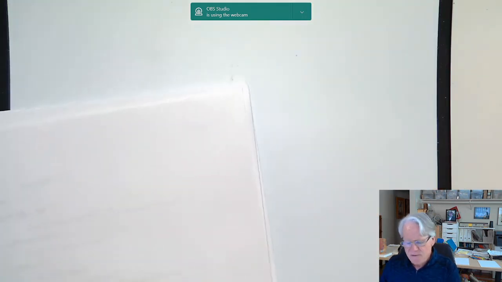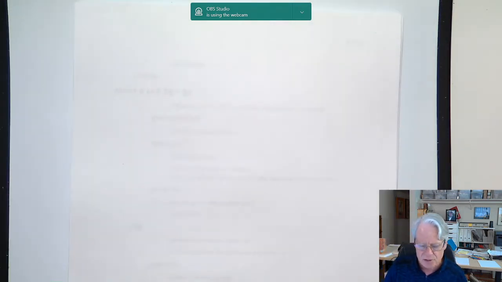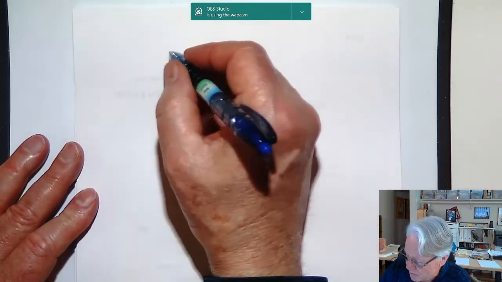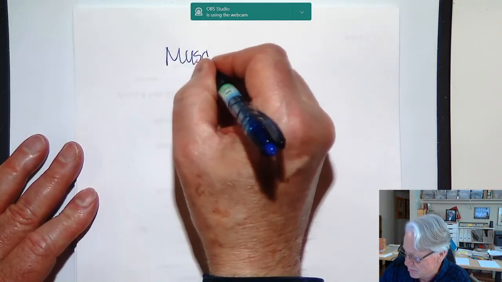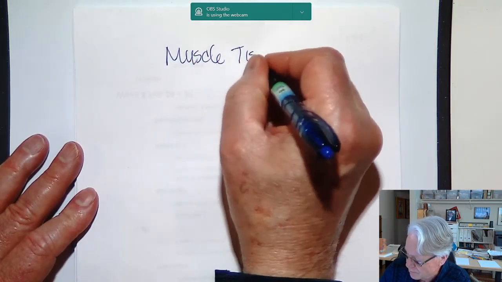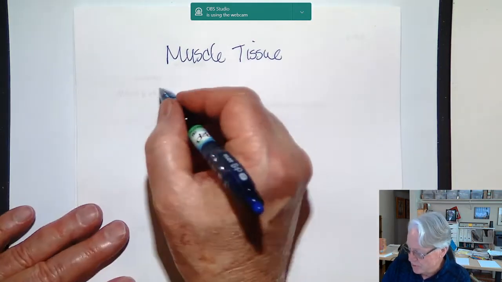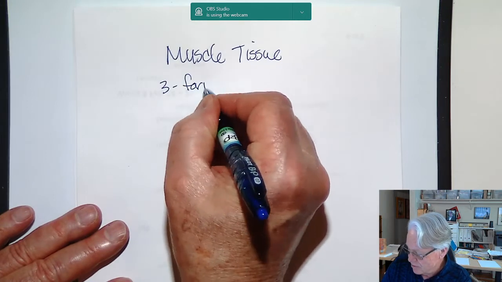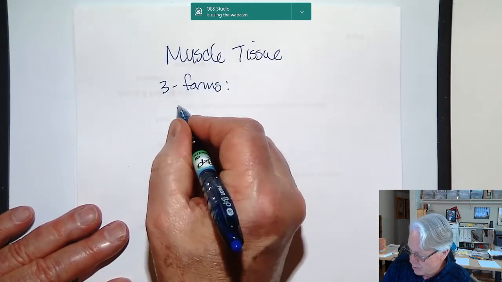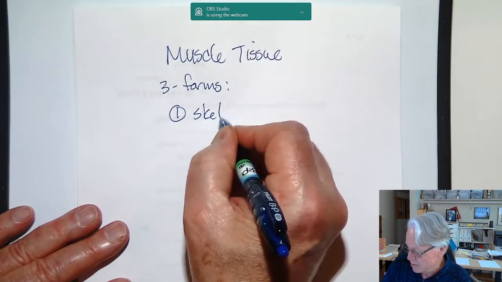All right, let me finish up with the remaining two types of connective tissues. So we talked about epithelial tissue. We just finished a discussion on connective tissue. There are two left in terms of tissues, and that's muscle tissue. And muscle tissue comes in three forms or types. Number one, skeletal muscle tissue.